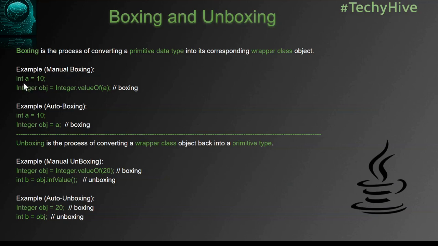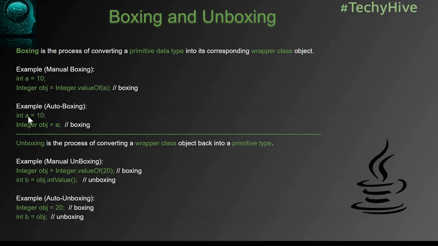In manual boxing, we are creating a primitive type integer variable, and then we are forcing a conversion of that integer primitive type variable to an Integer object. This is called manual boxing because we are invoking a method on the Integer class to convert the primitive type into a wrapper class object.